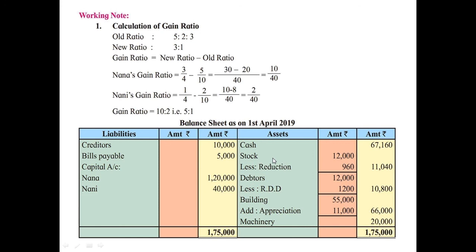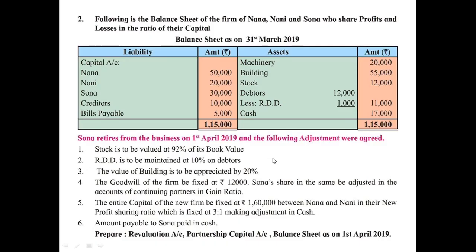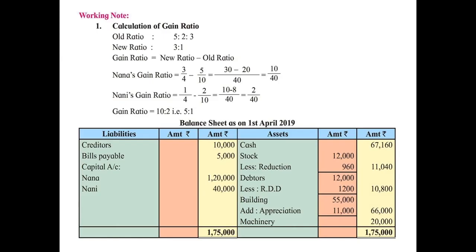Now the adjustment in the stock. Stock as per the old balance sheet is rupees 12,000. But as per adjustment number 1, the value of stock has decreased by 8%. So that you have to subtract. 8% of 12,000 is 960, less reduction. The remaining amount is written in the outer column. Same thing for the debtors.